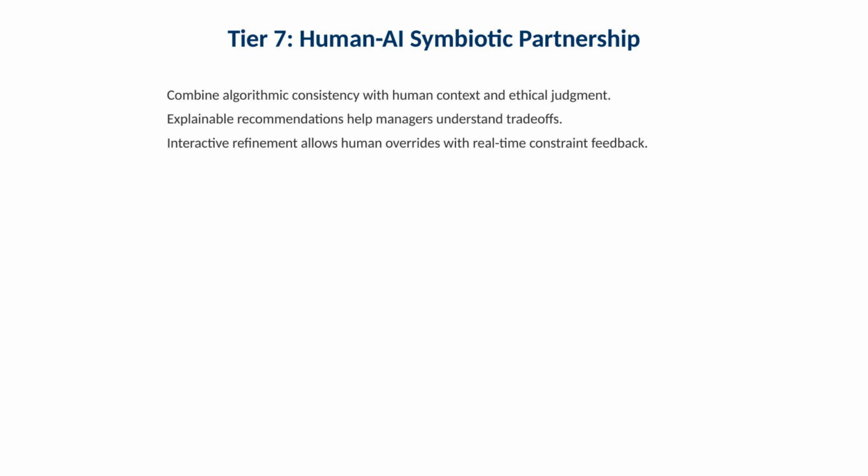Operationally, this avoids a common failure mode, fully automated schedules that are technically feasible but socially unworkable. Human schedulers often know special circumstances, team dynamics, training trajectories, and local policies that are not captured in formal inputs. The best systems let artificial intelligence draft and optimize while humans review, adjust, and approve with full visibility into trade-offs.